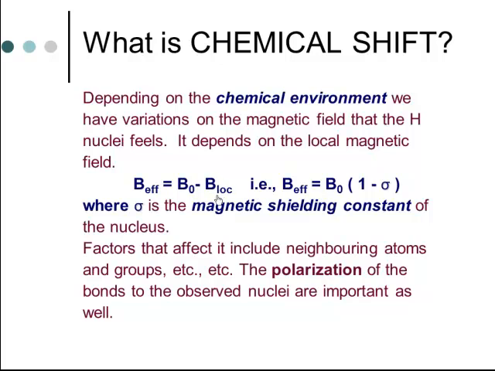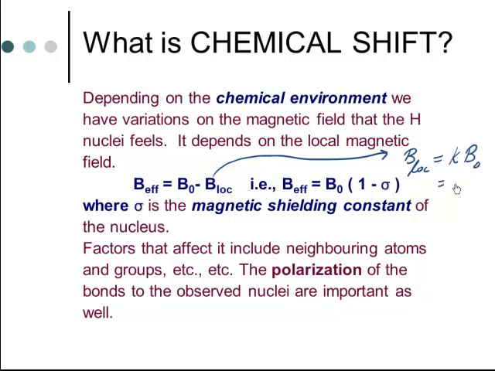Now this local magnetic field created by the electrons around the hydrogen nucleus is directly proportional to the applied magnetic field, and hence I can always write B local as some constant of proportionality K into the applied magnetic field.